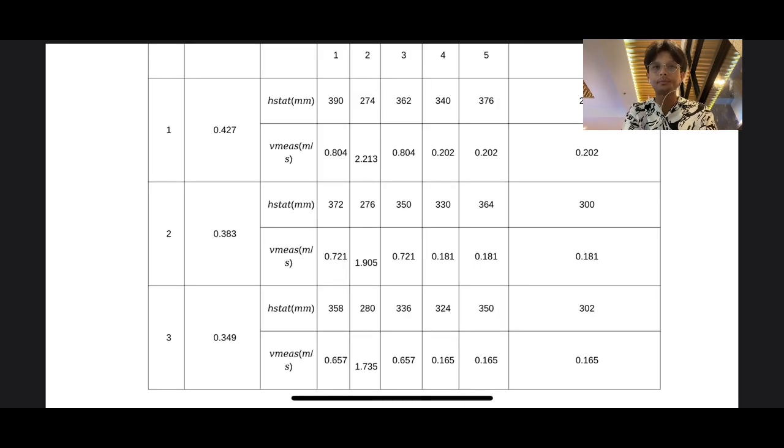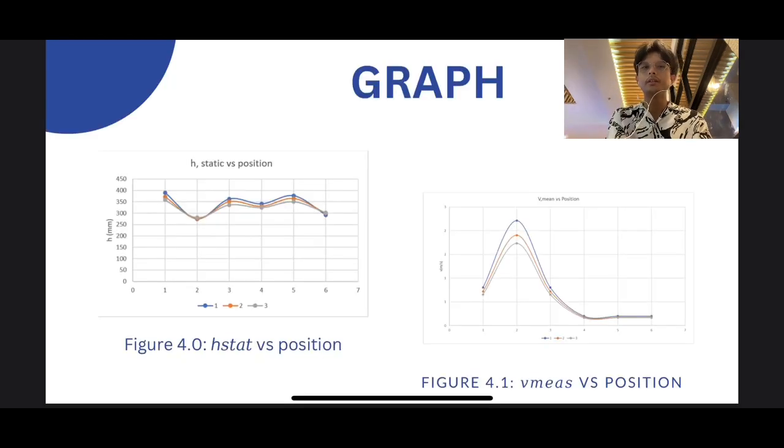After that, we calculate the V_mis, and for every one we calculate the V_mis using the formula V_mis equals Q over A. So we get all the V_mis for 6 points.